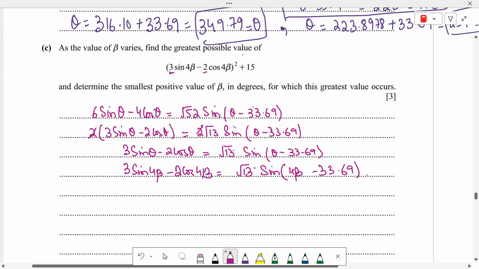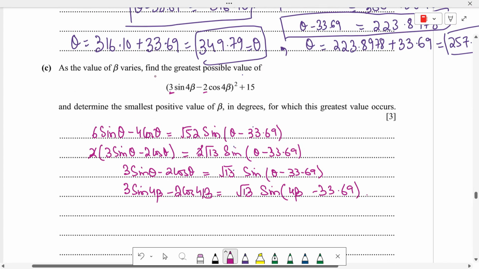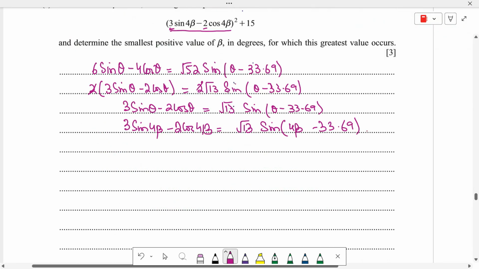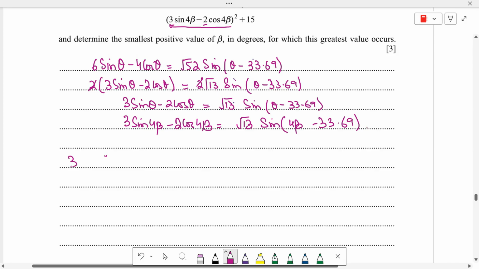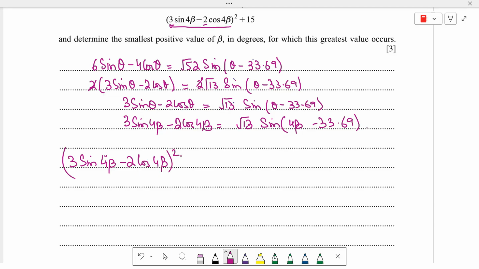So when we use this equation, we will have (3 sine of 4 beta minus 2 cos of 4 beta) whole square plus 15 is equal to (under root 13 sine of 4 beta minus 33.69) whole square plus 15.